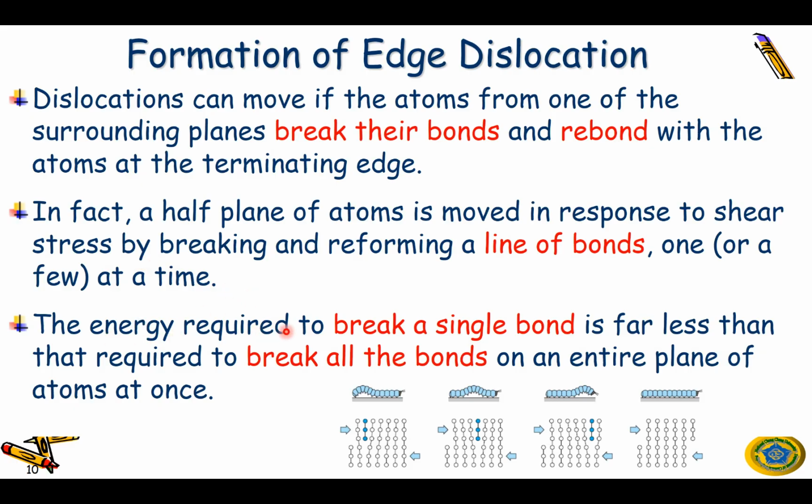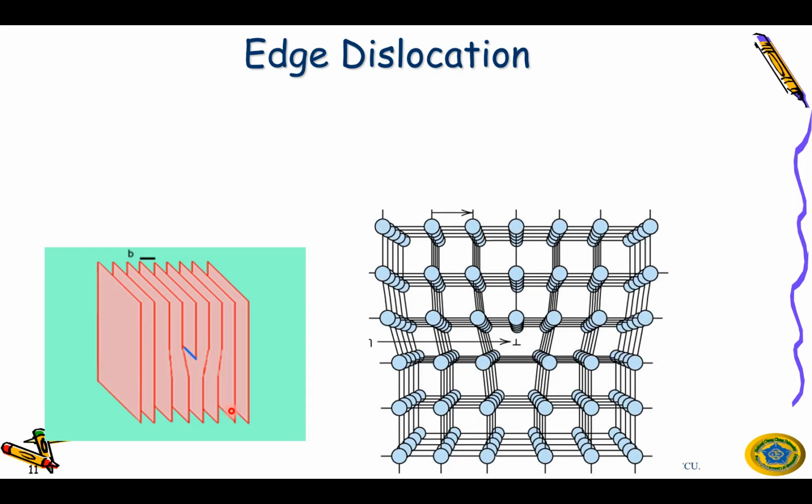So the energy required to break a single bond is far less than that required to break all the bonds on an entire plane of atoms at once. So this is what we call edge dislocation.